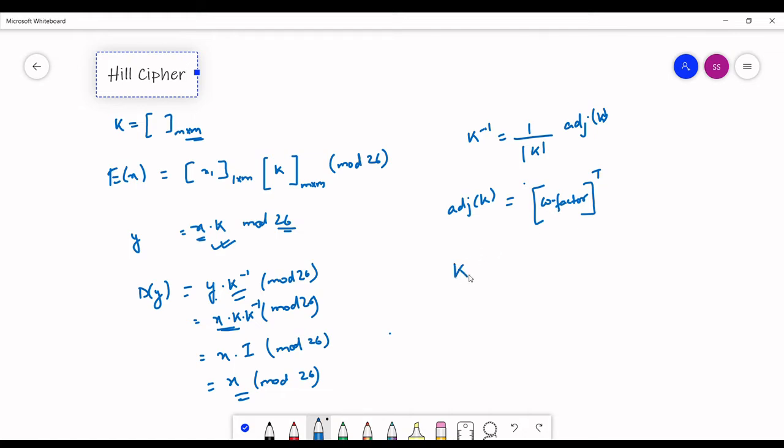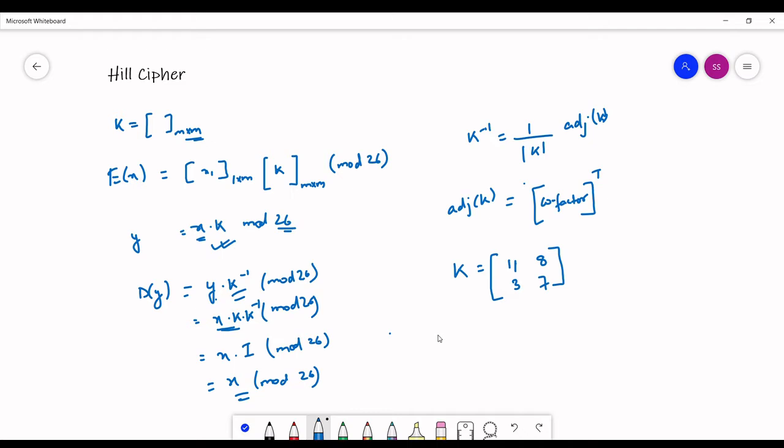So let's say I'm taking a key value k is equal to 11, 8, 3, 7. This is my matrix k.